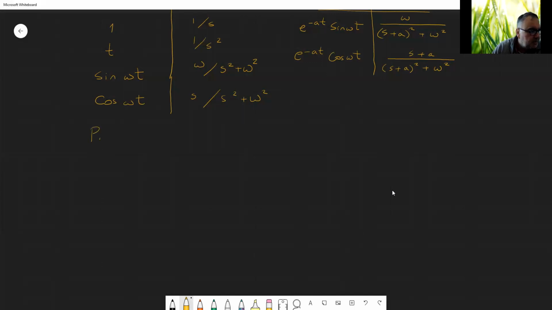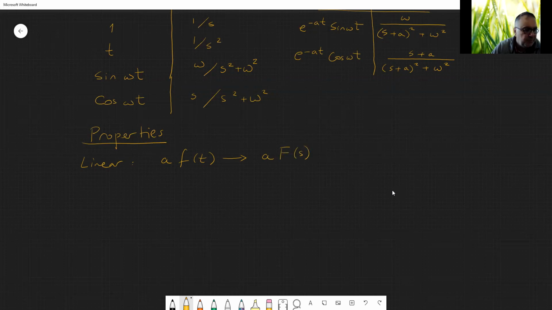So the properties, very briefly, I will talk about these. First of all, the Laplace transform is linear, so that a constant times f of t gives you that same constant times f of s.